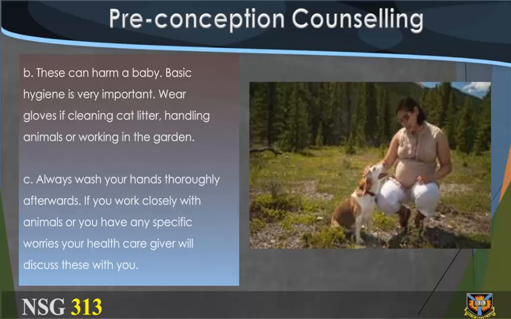Wear gloves if cleaning cat litter, handling animals, or working in the garden. C. Always wash your hands thoroughly afterwards. If you work closely with animals or you have any specific worries, your health caregiver will discuss this with you.